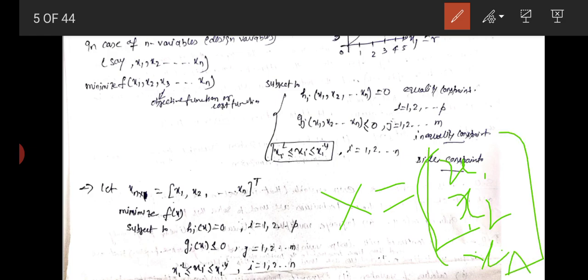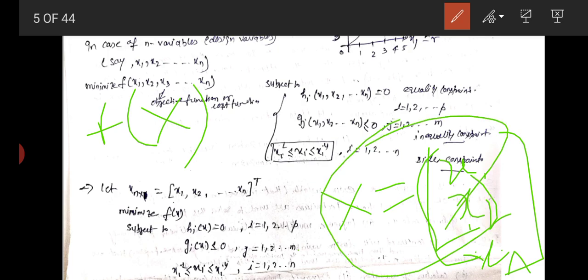Using these variables, or you can say the vector x, x is defined as a vector of x1, x2 and so on up to xn. This vector depends on some function f. So f is a function of x1, x2, x3 up to xn, or simply a function of x.